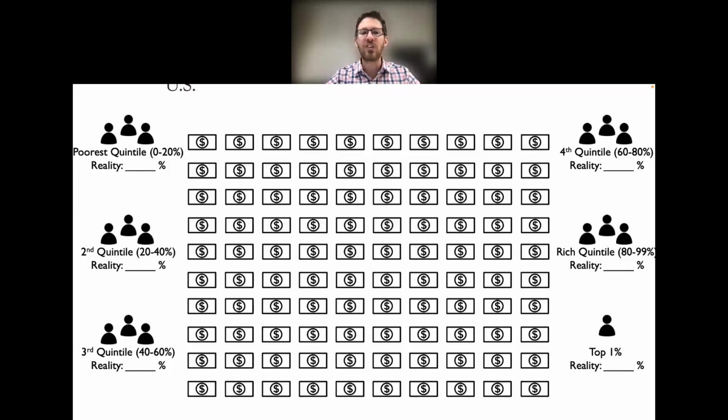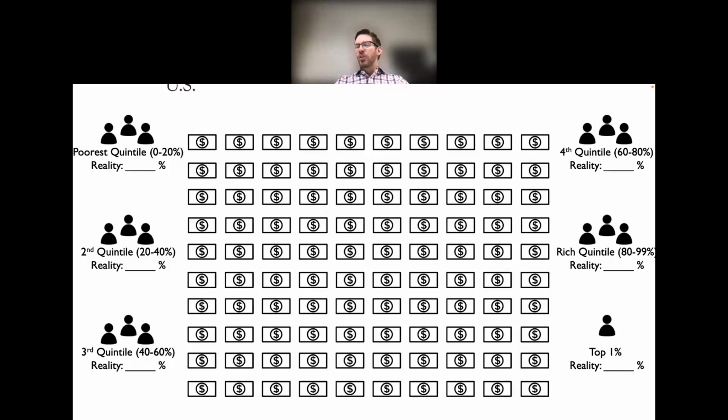And what we're going to see is what percentage of the entire US income is distributed amongst these different groups. If there was perfect equality, we would expect that each quintile, so each 20%, would receive 20% of that income. But since there is not perfect equality, we are going to see how the money is distributed.